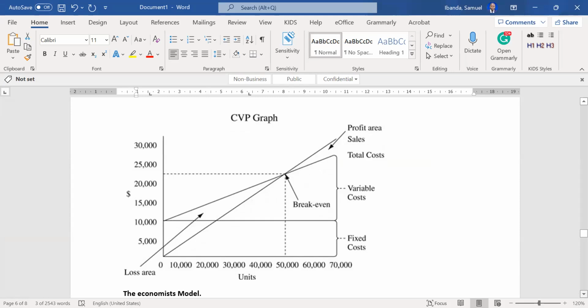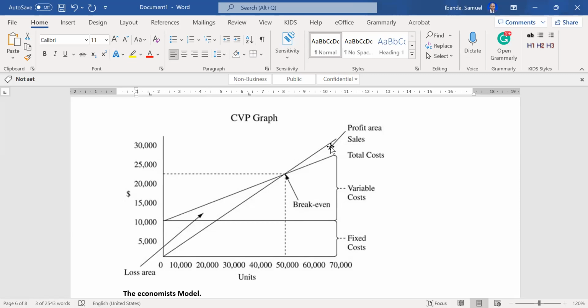Now, margin of safety, of course, is coming from the two words, margin and safety. Businesses, when they start making profits after the break-even point, are basically safe when they have started making profits.